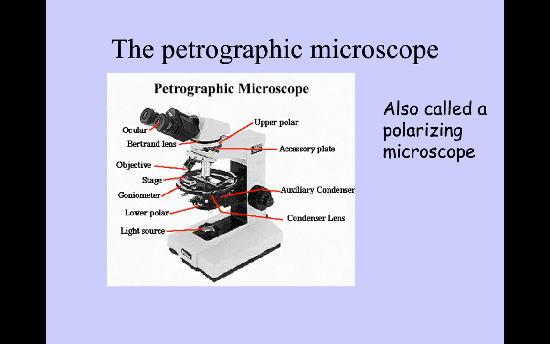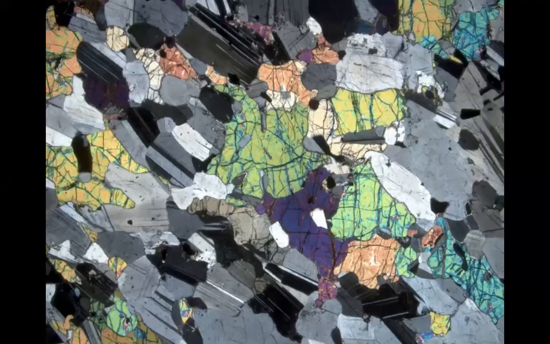And there is another thing called the accessory plate. It's actually not a lens; it's a plate made of some special material like calcite. When you insert it, the image you see here will be converted into a very different color.